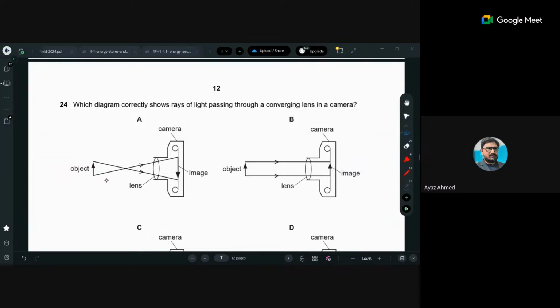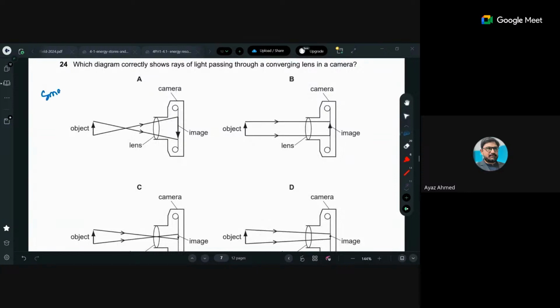As I told you, in a camera the image will be smaller, inverted, and real. If you cannot manage which image is real and which is virtual, just check these two properties. If the image is inverted and smaller, just select that one. So here, no. Here, no.